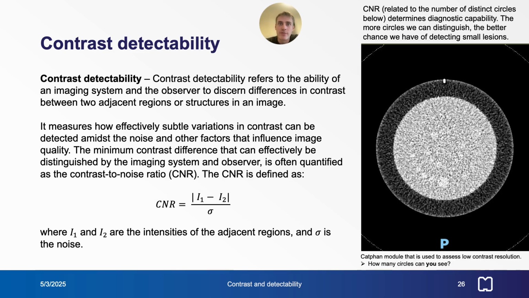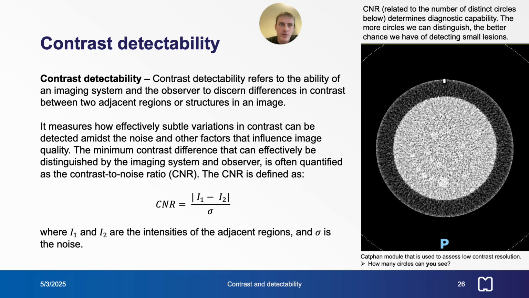Contrast detectability refers to the ability of an imaging system and the observer to discern differences in contrast between two adjacent regions or structures in an image. Essentially, it measures how effectively subtle variations in contrast can be detected amidst the noise and other factors that influence image quality.